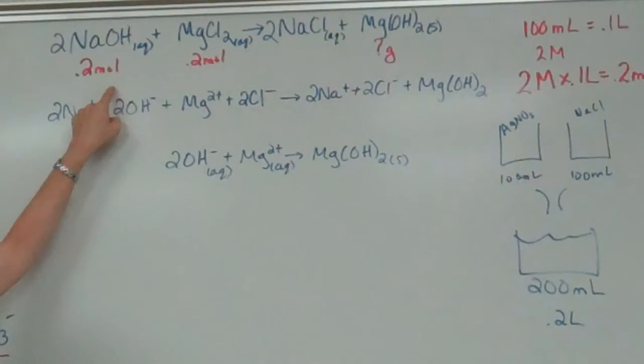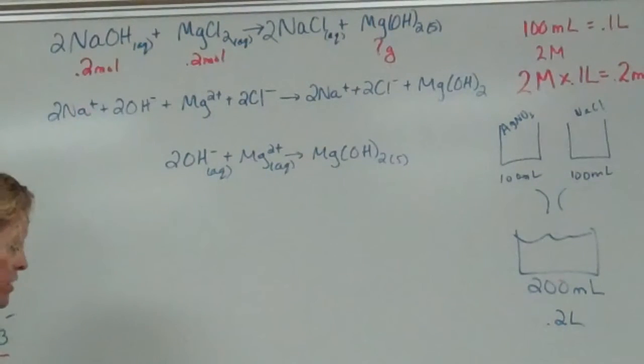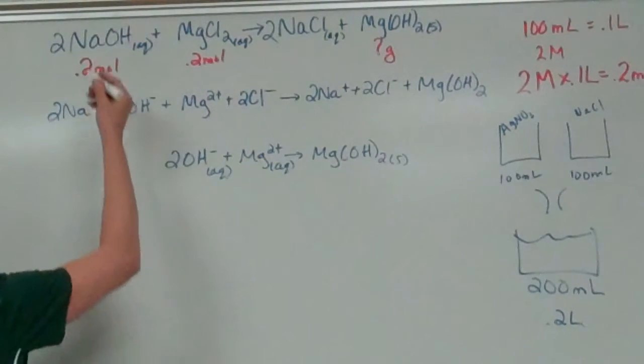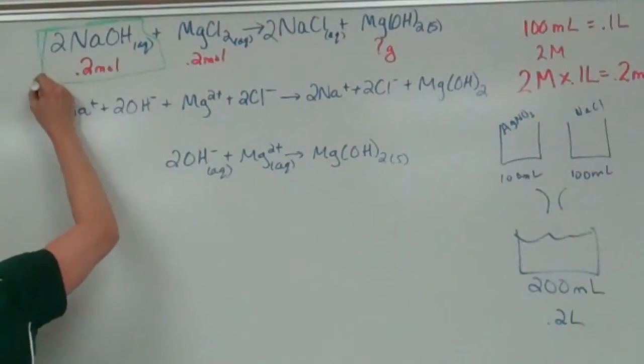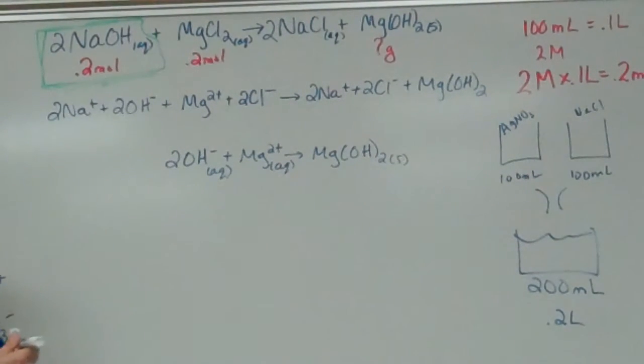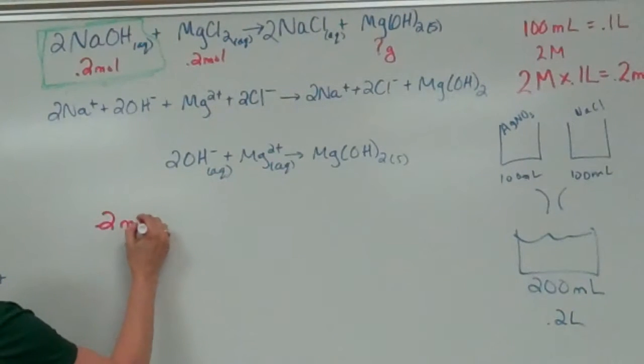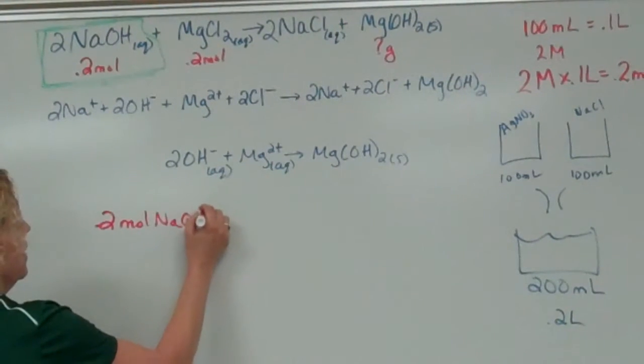Does that make sense? And honestly, when I do stoichiometry problems, yes, I use the bridge and stuff like that, but if I can get to moles and think through it in my head, I do that first. It's quicker, okay? Then I proceed from there, okay? So at this point, we've got 0.2 moles of sodium hydroxide.